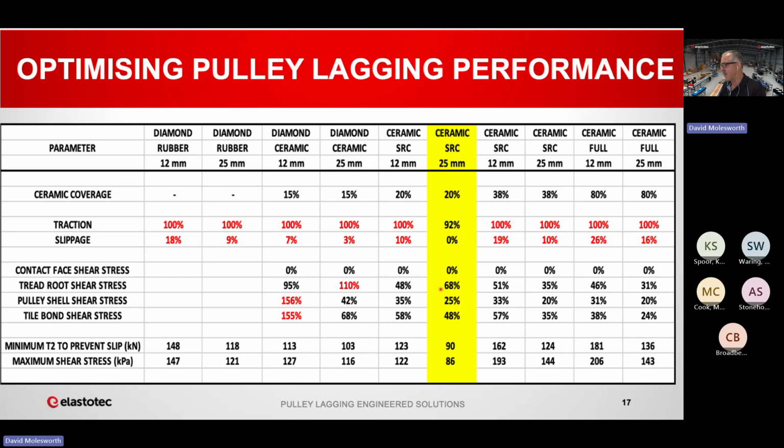straightforward. However, if you were doing a bunch of analyses and you had more than one lagging that had no slip and satisfied all the fatigue requirements, the thing to look at is this maximum shear stress, because the lower the shear stress between the lagging and the belt, the kinder the operation is to the belt and the belt splices.